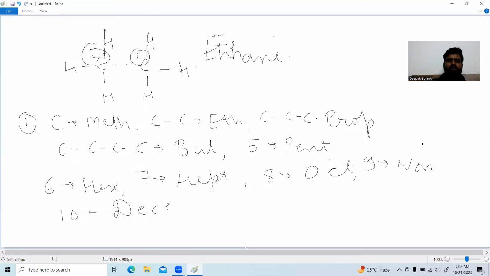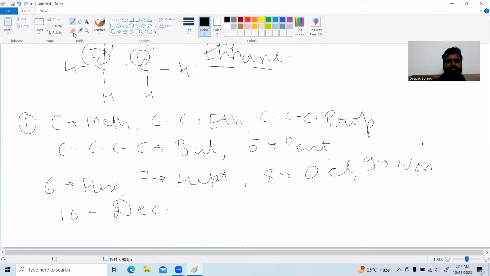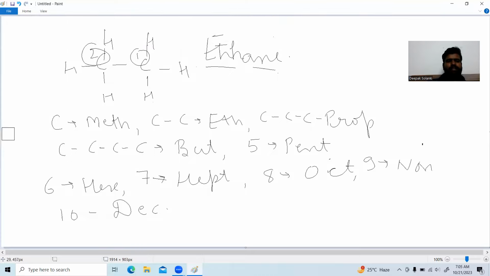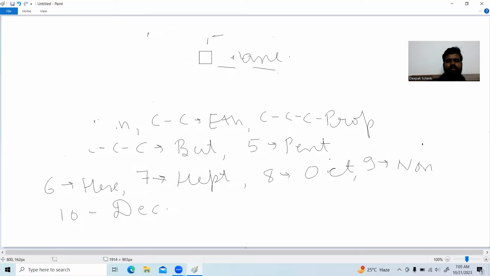Clear? So here in this example, there are 2 carbons, and the suffix will be ane because a single bond is present.